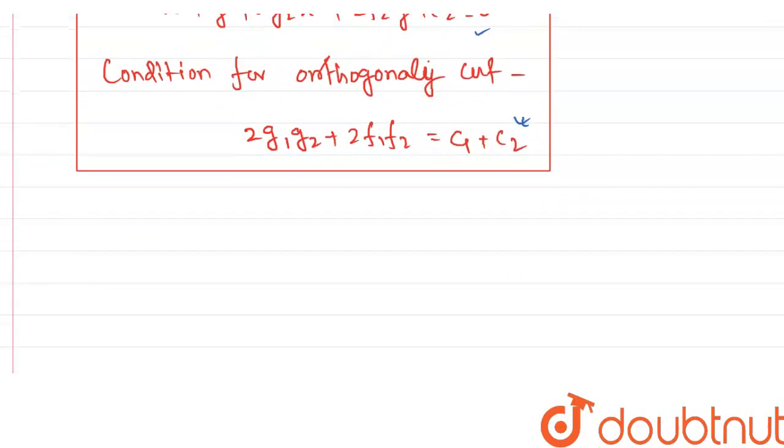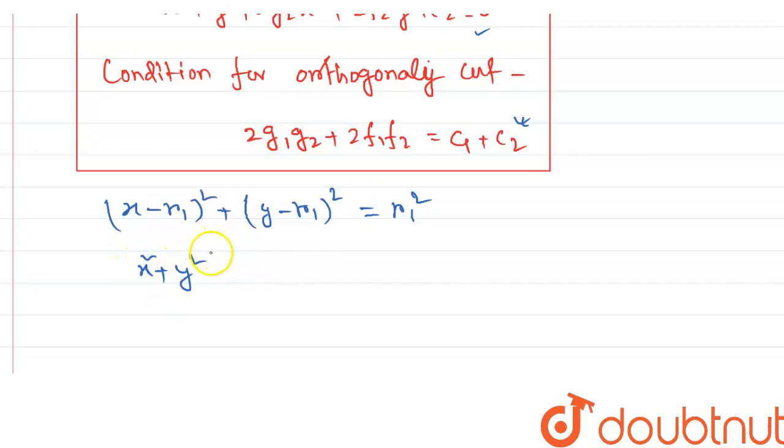So if we write the circle, we have (x minus r1) whole square plus (y minus r1) whole square equals r1 square. If we calculate this, we have x square plus y square minus 2x r1 minus 2y r1 plus r1 square equals 0.